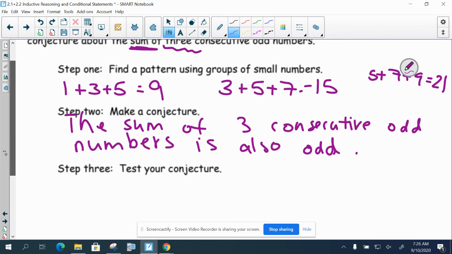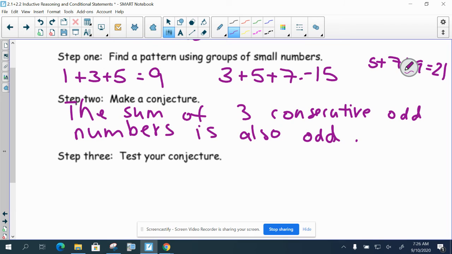And then test your conjecture. So here's how we test a conjecture. Let's say that n is an even number.